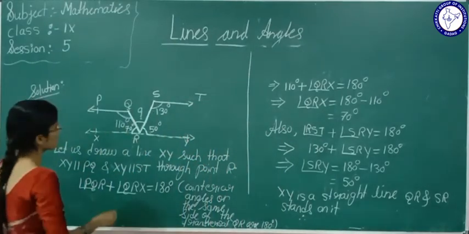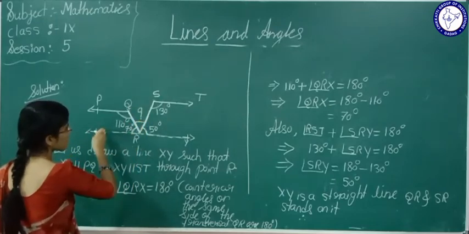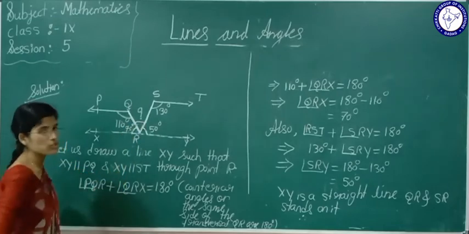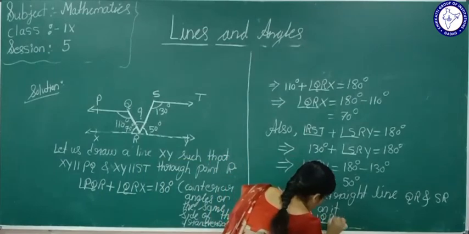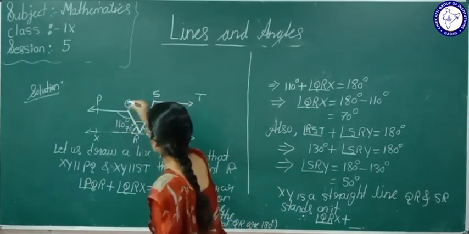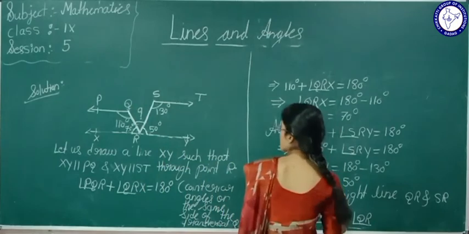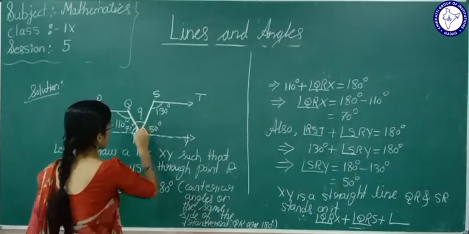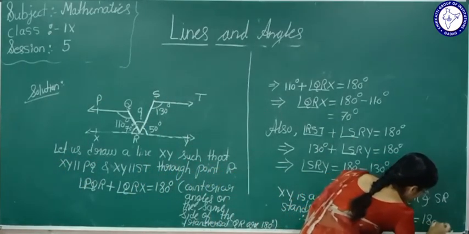Therefore, XY is a straight line, QR and SR are standing on this line, and the sum of the full angle will be 180 degrees. Therefore, angle QRX plus QRS plus angle SRY is equal to 180 degrees.